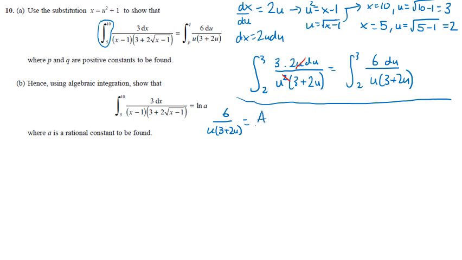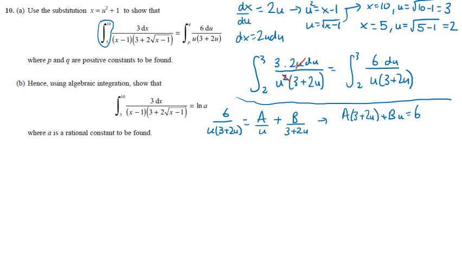So we've got a over u plus b over 3 plus 2u. And if we cross multiply, that leads us to a times 3 plus 2u plus b times u is equal to 6.